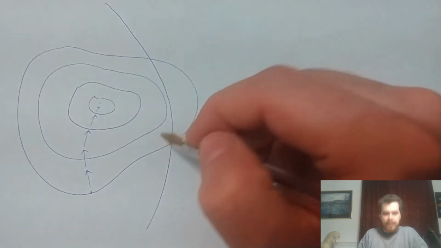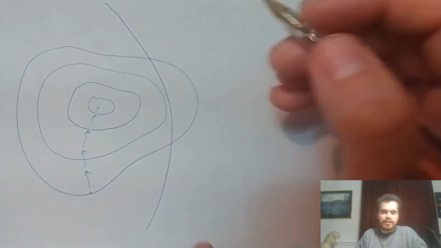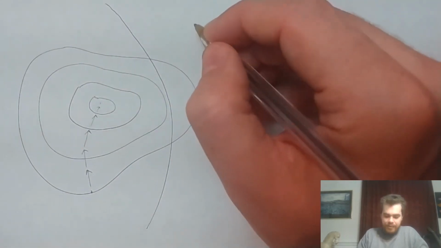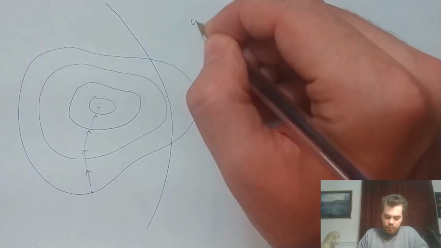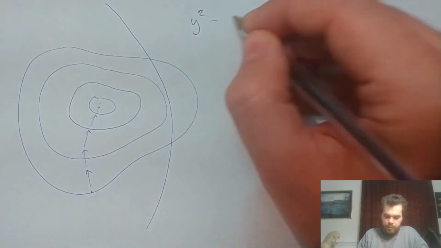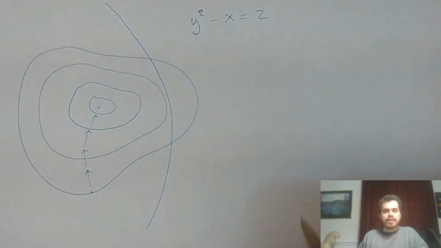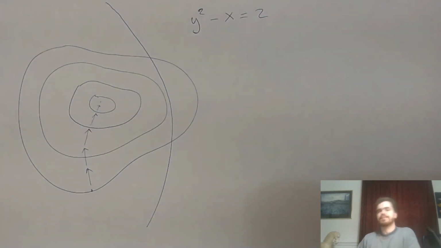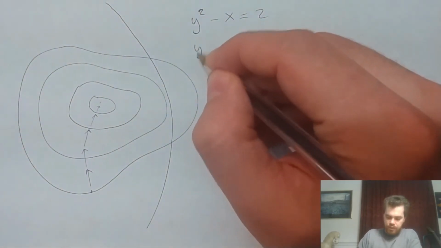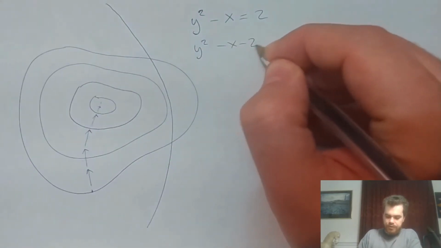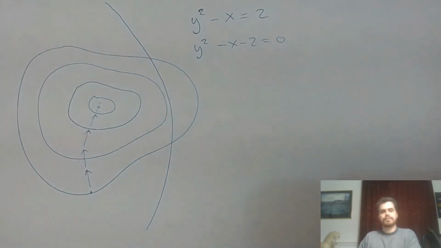It won't actually be the line that I've drawn, but pretend with me. Our equation is going to be y squared minus x is equal to 2. That's our constraint that we have to satisfy. And we could rewrite that as y squared minus x minus 2 is equal to 0.